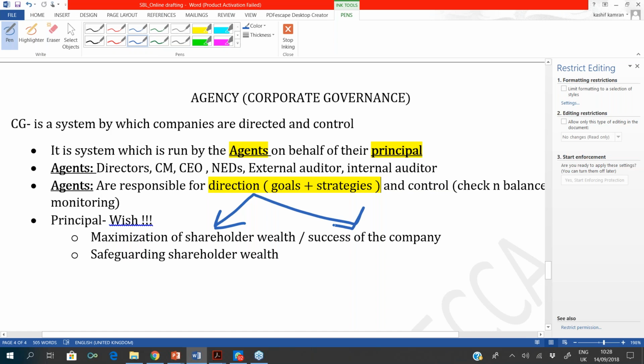And what is control giving them? The control is giving them safeguarding.